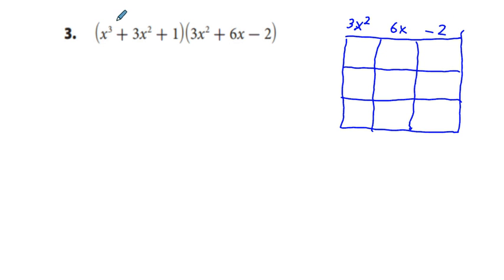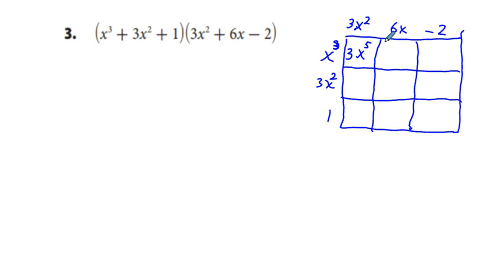And on the side, our other trinomial would be x cubed plus 3x squared plus 1. And so x cubed times 3x squared is going to be 3x to the 5th power.